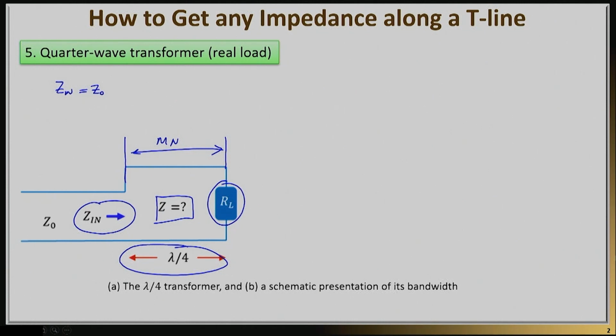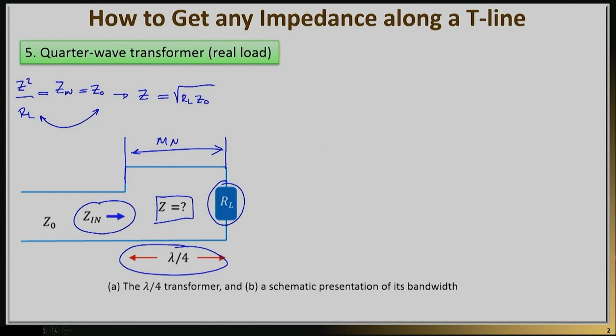Now, the good thing is that this Z input has an expression that we just found out, Z squared, the unknown transmission line impedance, divided by the load, which is equal to RL. So since I want to make Z squared divided by RL equal to Z0, it really doesn't take much to see that the unknown impedance Z should be equal to the square root of RL times Z0.